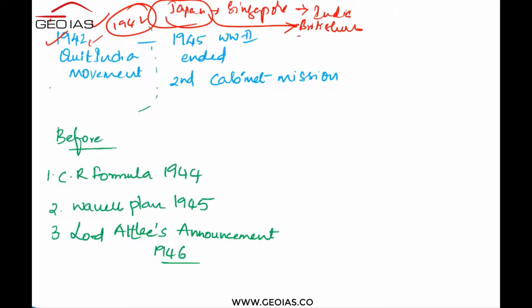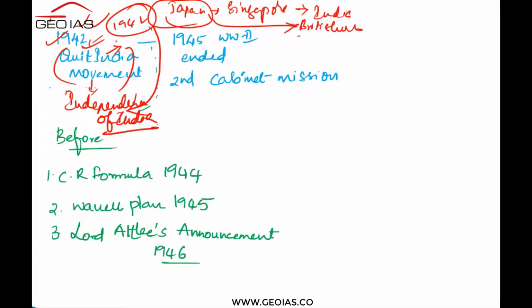Therefore we have to remove the Britishers from India. So he started the Quit India movement, and he wanted complete independence of India. He didn't want any dominion status.